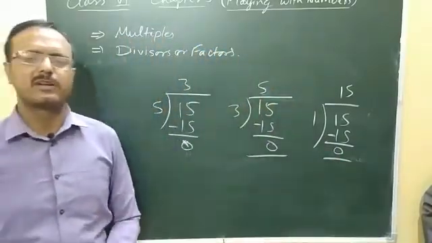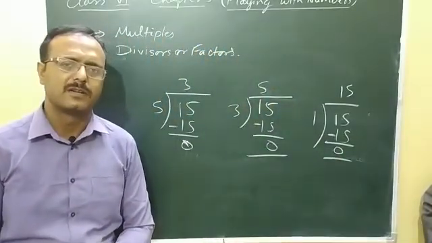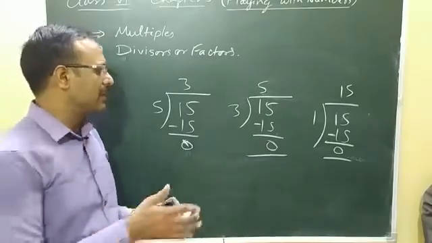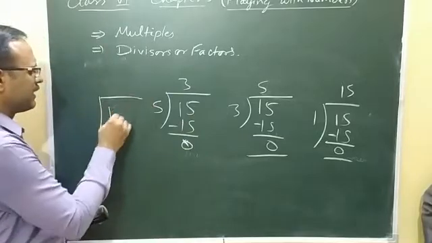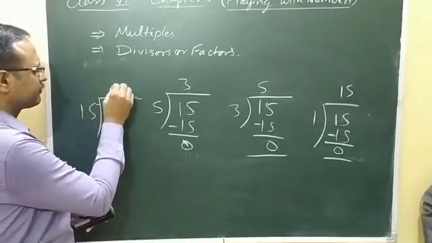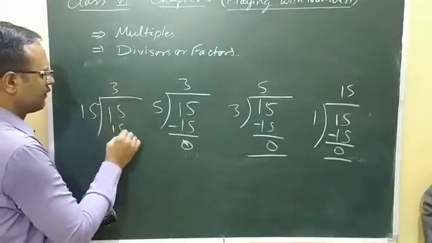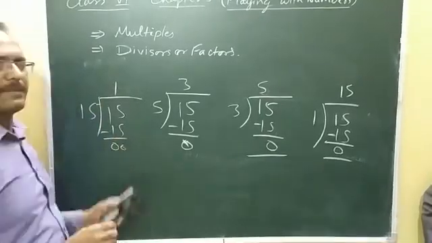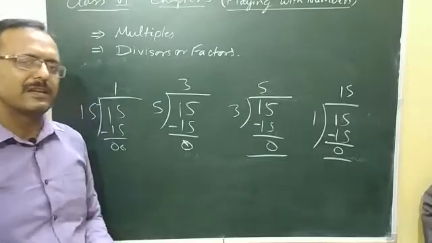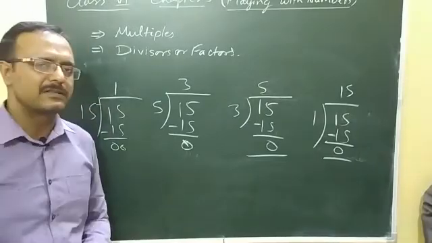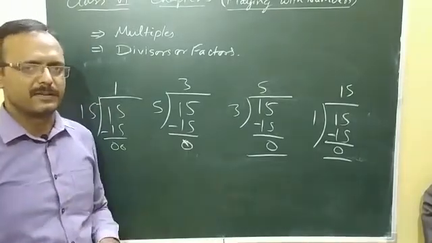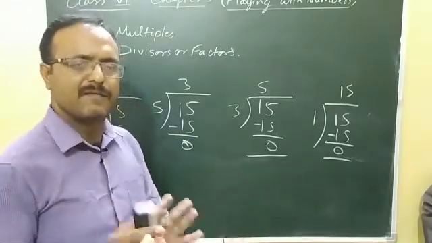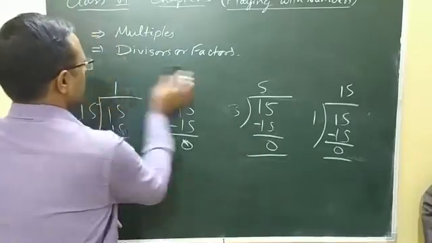So 1 is also a divisor of 15. One more divisor is 15 itself. So you can see there are a limited number of divisors of 15, not an infinite number.